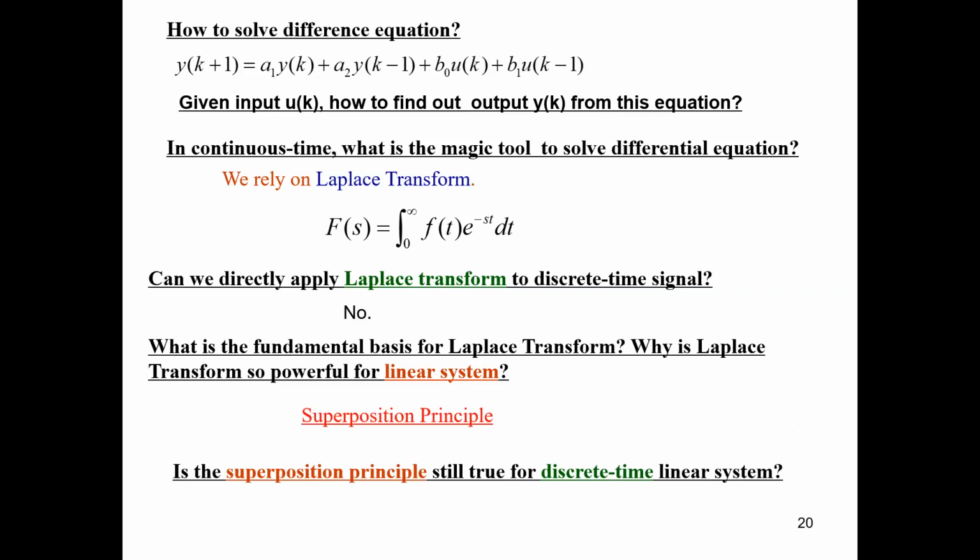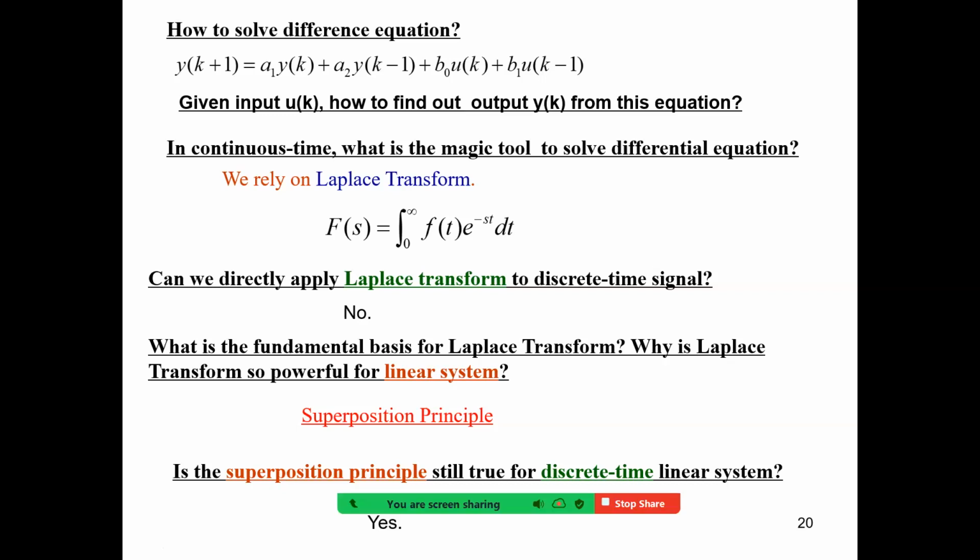Here we know we cannot use Laplace transform. But how about the superposition principle? Do we still have the superposition principle for discrete time linear system? Of course we do. Yes, we still have that.